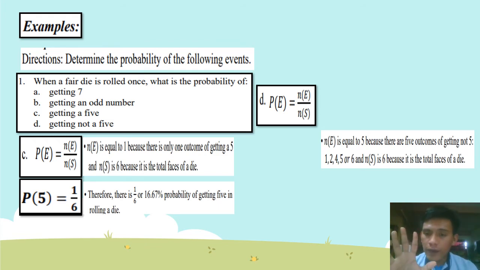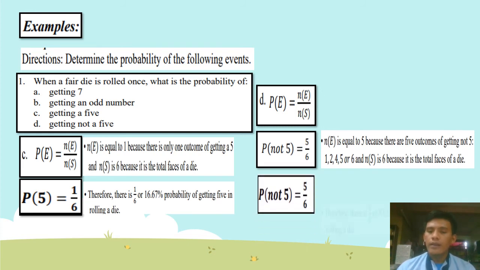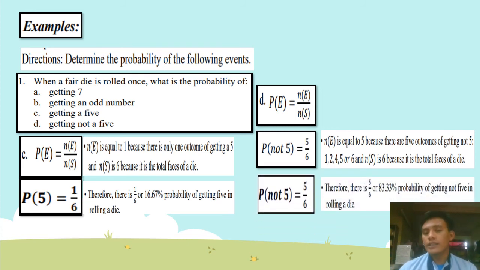So our N(E) is 5 and the total faces is 6 for N(S). So 5 over 6 is our final answer. Therefore, there is 5 over 6 or 83.33% probability of getting not 5 in rolling a die.